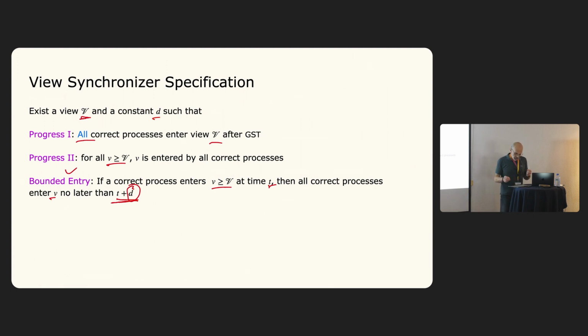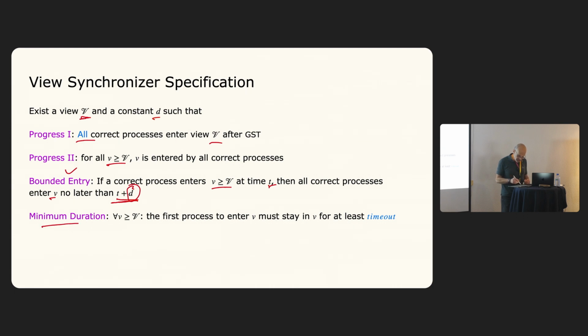Then there is a property called minimum duration, which says that for all these views after the synchronous view, the first process to enter the view must stay in it for at least timeout, where timeout is a parameter of the synchronizer.